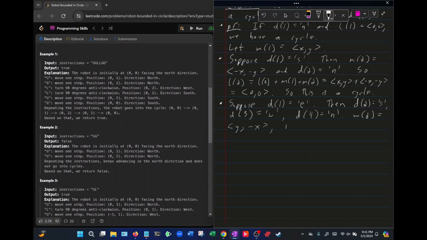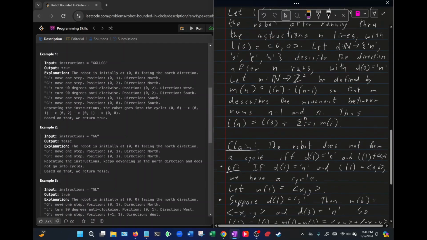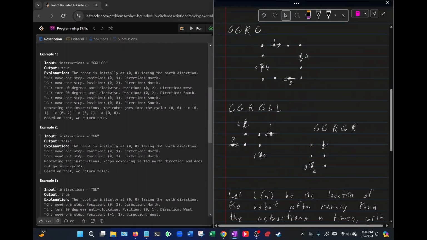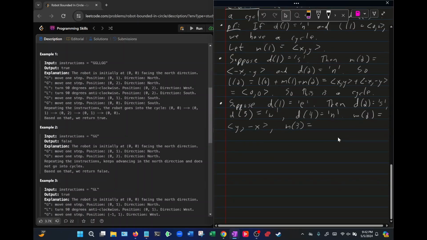Okay. Then M3 is going to be, well, this is just like with the turning backwards case, where we just do the opposite, so minus x, minus y. M3 is going to be minus x, minus y.